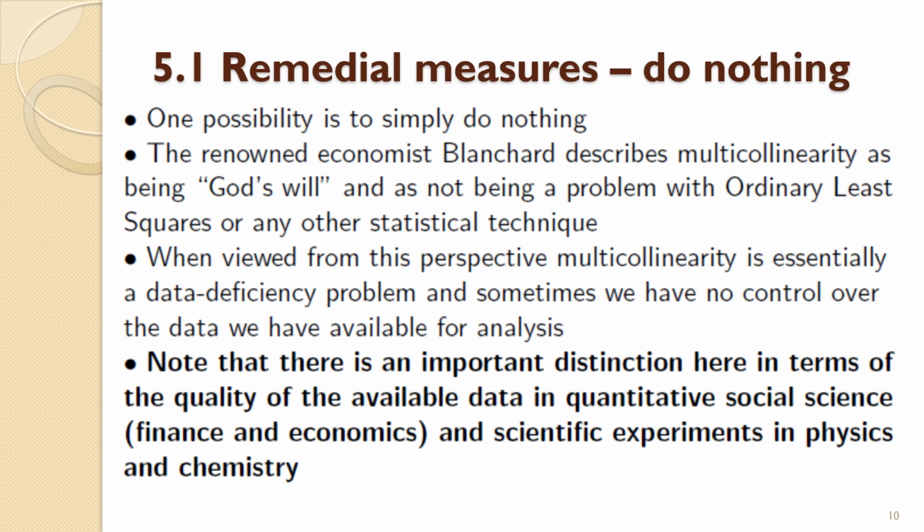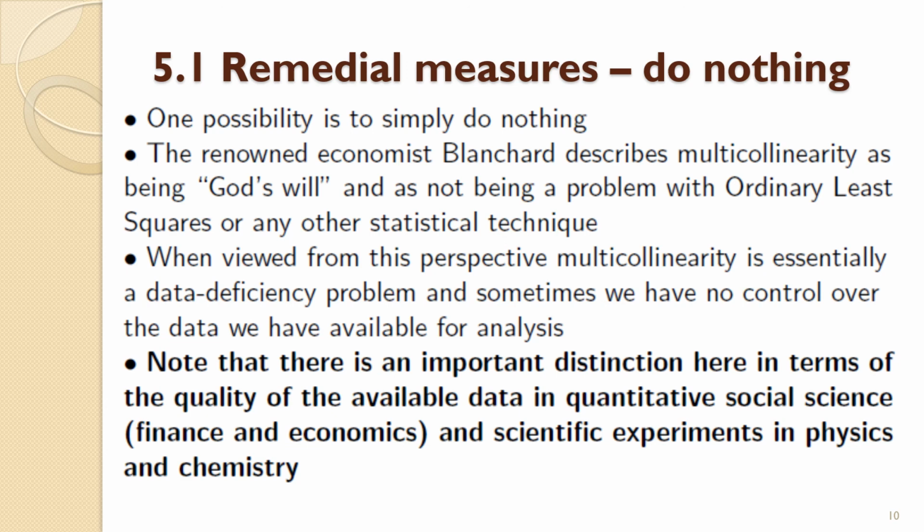So if you view it from this perspective, multicollinearity is essentially a data deficiency problem, something you've not necessarily got any control over in terms of the data that you've got available for analysis that you were simply able to collect in the first place.